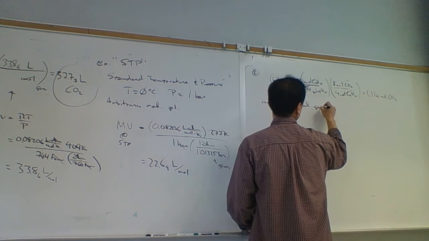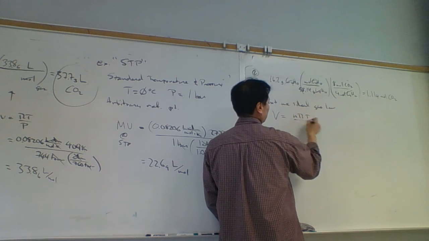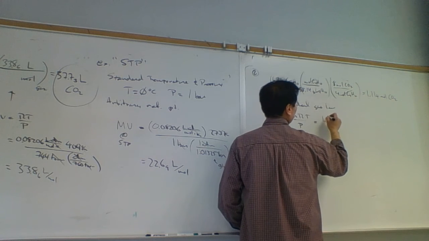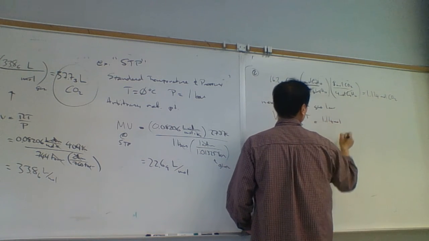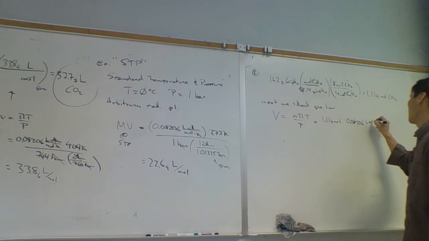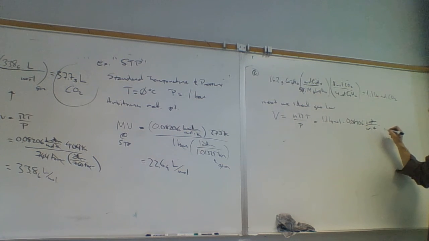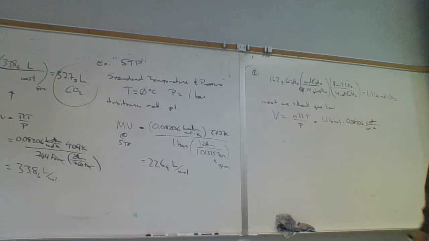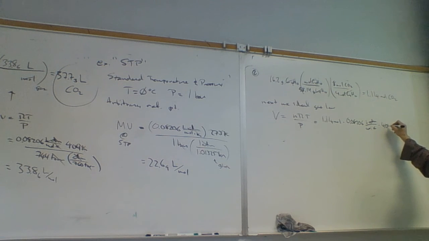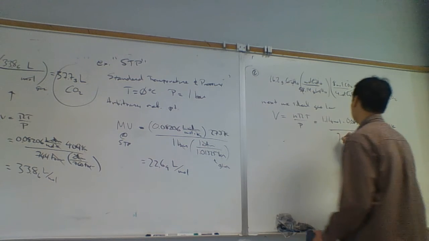Ideal gas law. When we use the ideal gas law, the volume is equal to nRT over P. So n is 1.114 moles. R is 0.08206 liters atmosphere per mole Kelvin. T is 404 Kelvin. Divided by P, which is 744 torr.